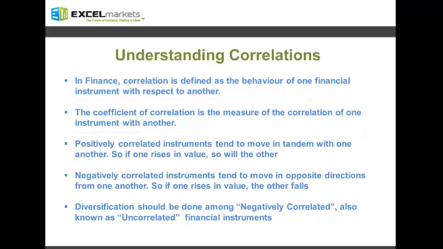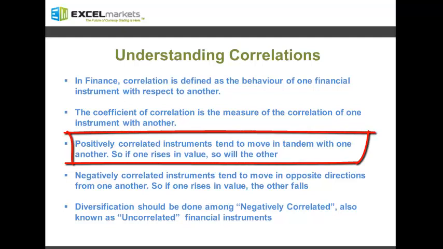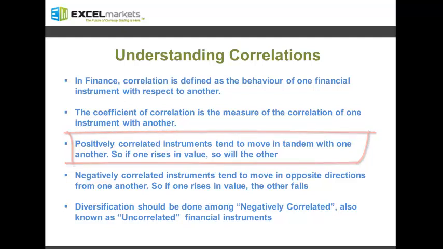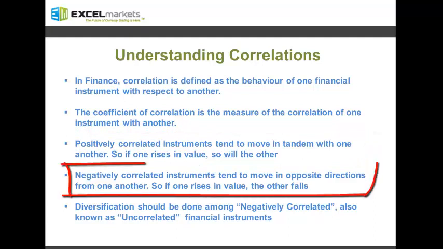Positively correlated currencies tend to move in tandem with one another. So if one rises in value, so will the other. Negatively correlated instruments, on the other hand, move in opposite directions from one another. So if one rises in value, the other falls.